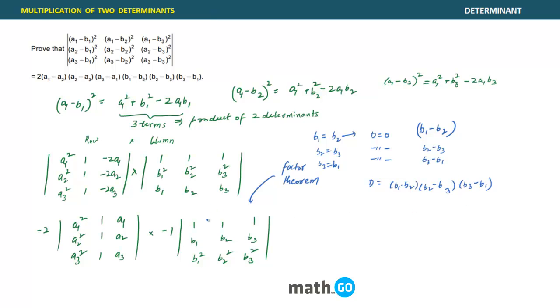Now let's see the elements which are on the diagonal: first element, second element, and third element. So the diagonal elements are 1, b2 and b3 square. So what are the three terms? They are giving you the net power of the variable as 3. Here it is linear, linear, linear. So again the power is 3. That means this is the only answer. You will not need to take any other factor in this question.